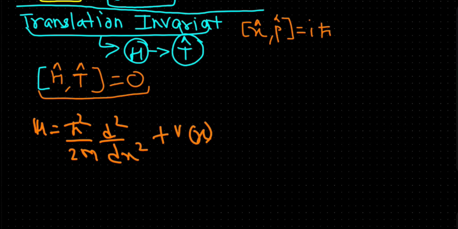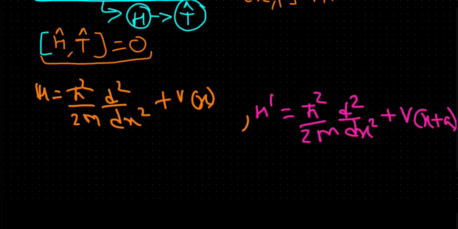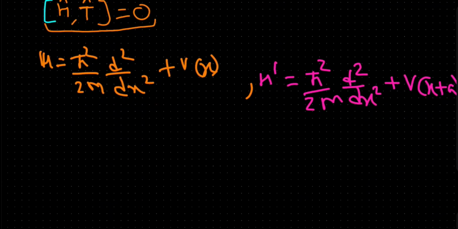Now the final Hamiltonian, let's say H dash, is equal to minus h bar square divided by 2m d square by dx square plus V of x plus a. If these two Hamiltonians are equal, it means they are not changed when the translation operator is applied, which means there is a translation symmetry. We can say that the initial potential V of x is equal to V of x plus a.